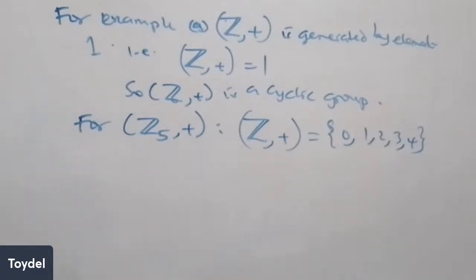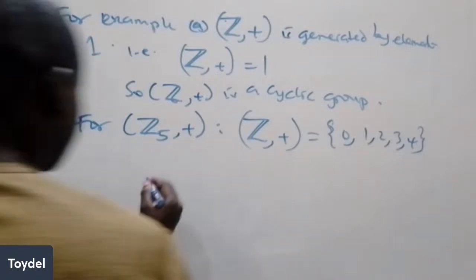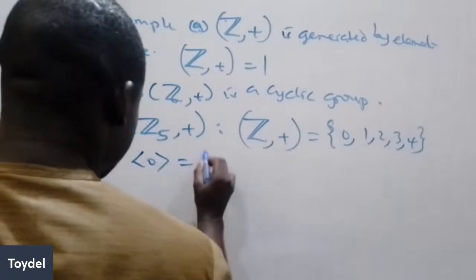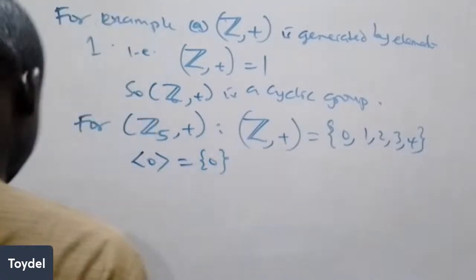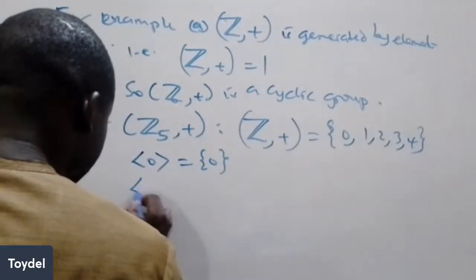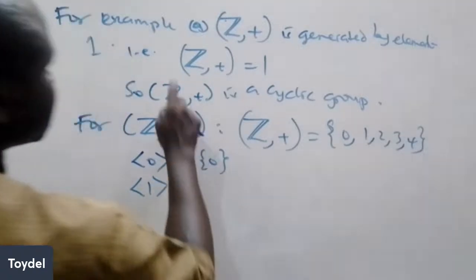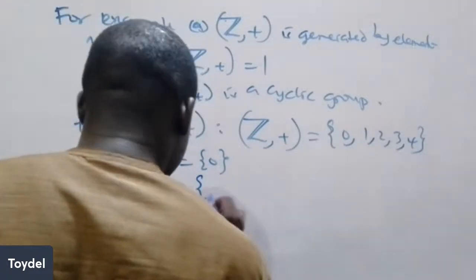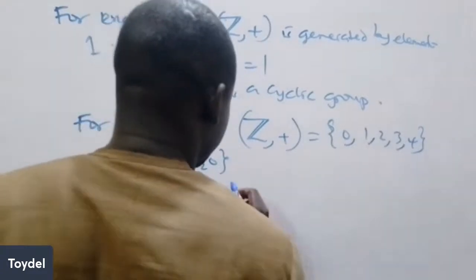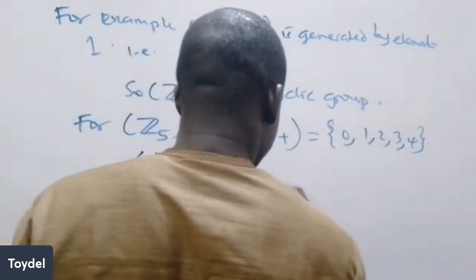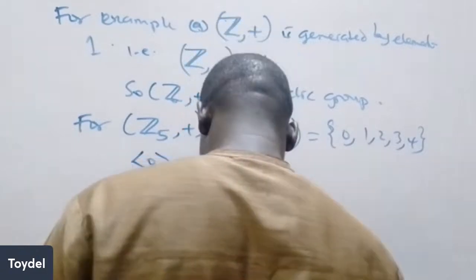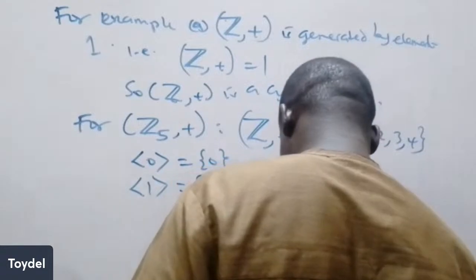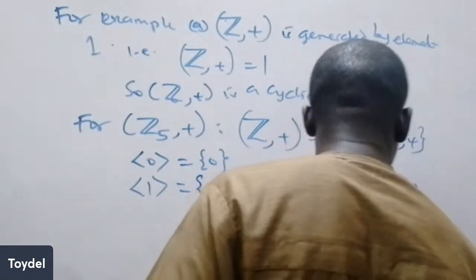So in this case, what are the generators? Of course, the first one, 0, is going to produce 0. Nothing to add, nothing to subtract. Then the second one, which is 1. Look at the symbol of that generator. This one can produce the first one. We can have 1, then 1 plus 1, then 1 plus 1 plus 1, 1 plus 1 in 4 places, then 1 in 5 places.